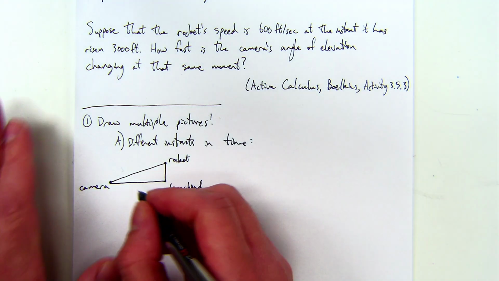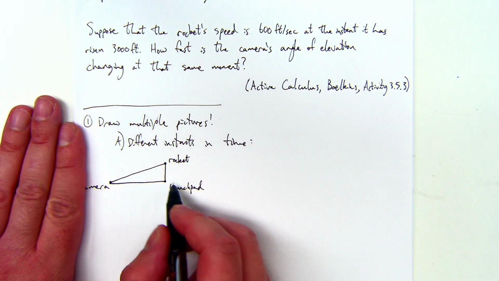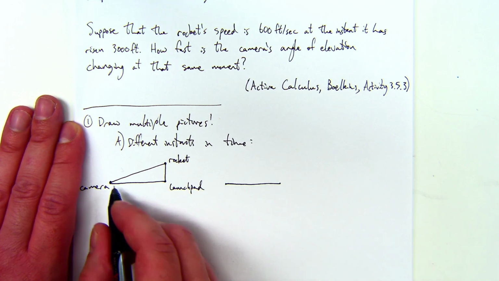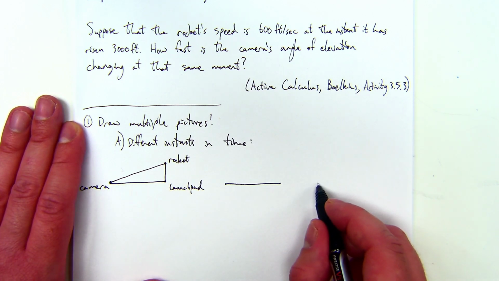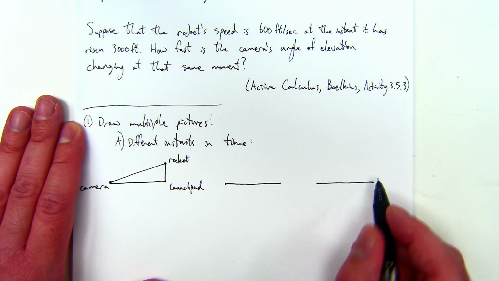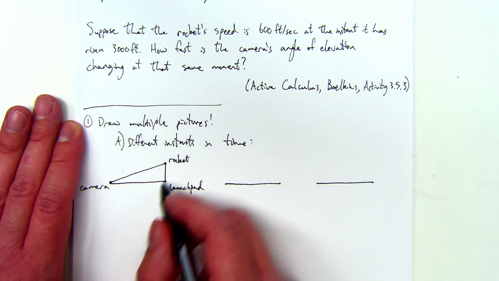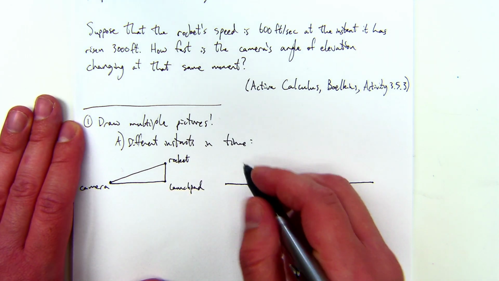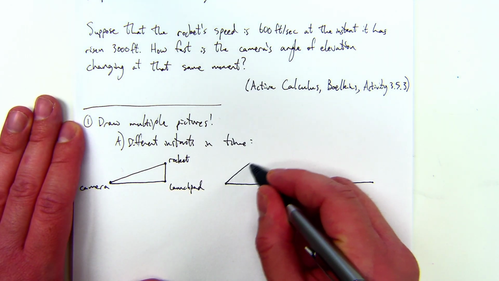This is perhaps one possible instant in time shortly after the rocket left the ground. I'm going to draw multiple pictures with the same length of base here, because the camera and the launch pad aren't moving, the rocket is rising up.